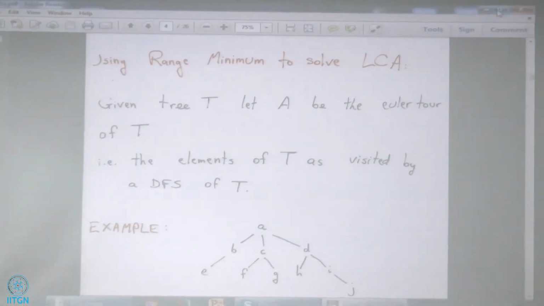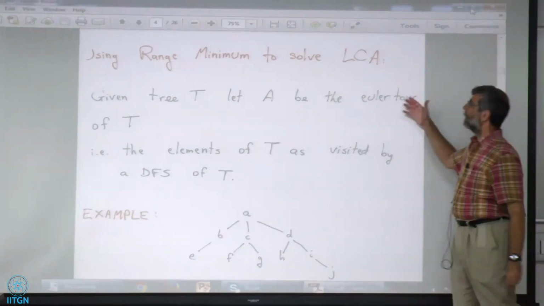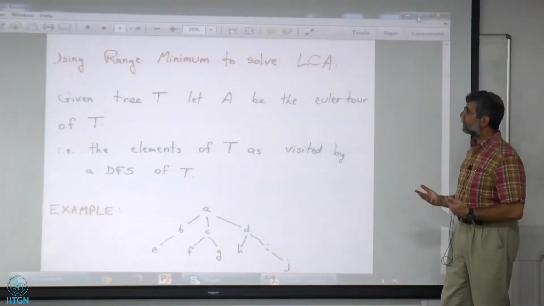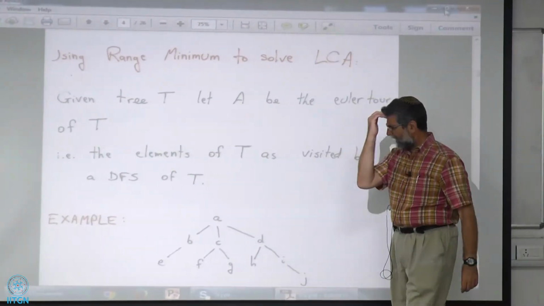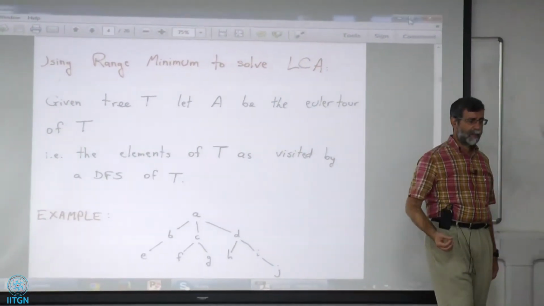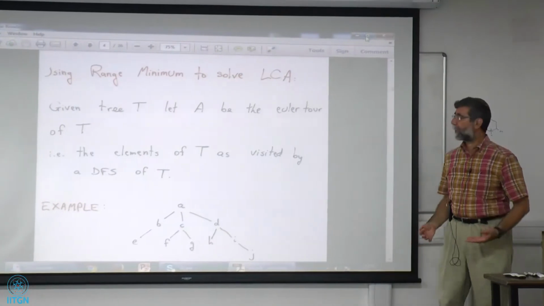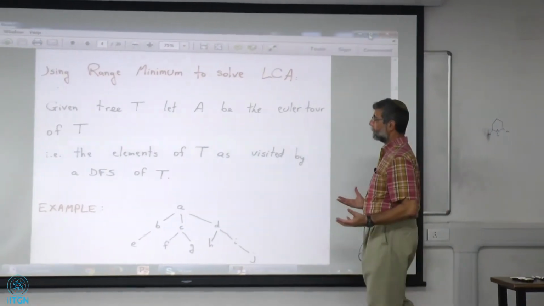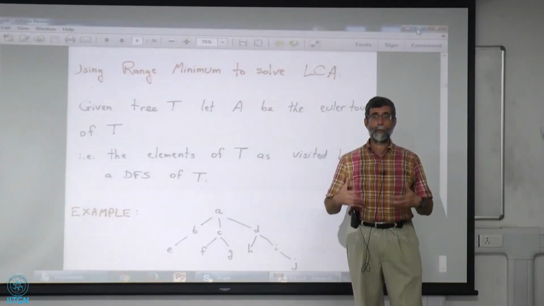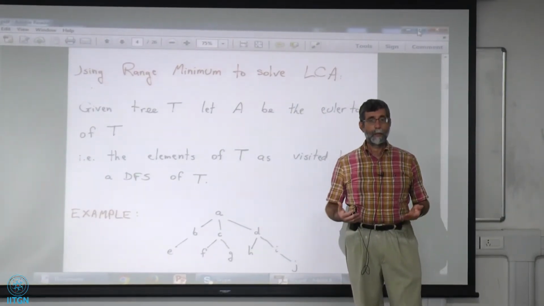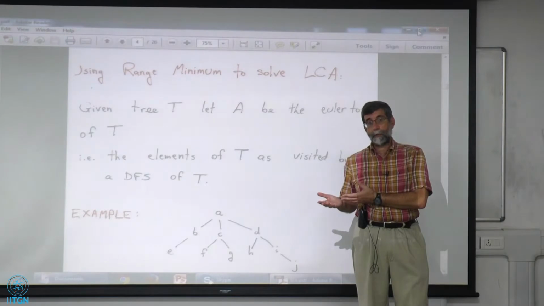So given a tree T, and we want to use the range minimum to solve the LCA, well, then obviously, since we're going to use range minimum, we have to take this tree and somehow make it into an array, because range minimum works on an array, not on a tree. So this is the opposite of what we did before.